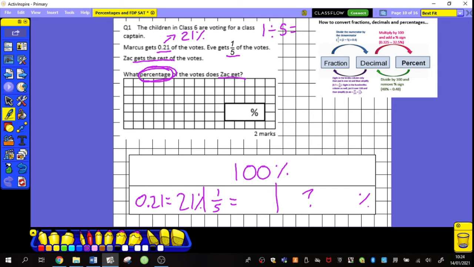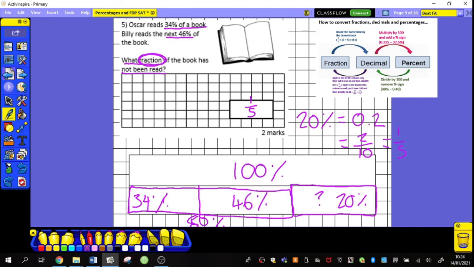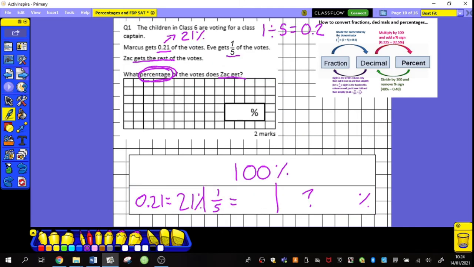You can use the bus stop method just like you did last week to do that. I know from doing these questions so many times that is 0.2. And on the question we just did back here, 0.2 is the same as 1/5. Once I have it into a decimal, now I can multiply by 100 and add the percentage sign. So 1/5 must be 20%. Again, we did that in the last question.